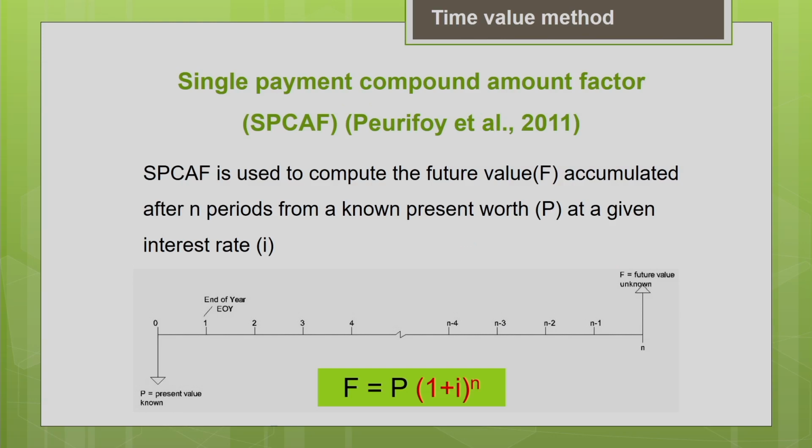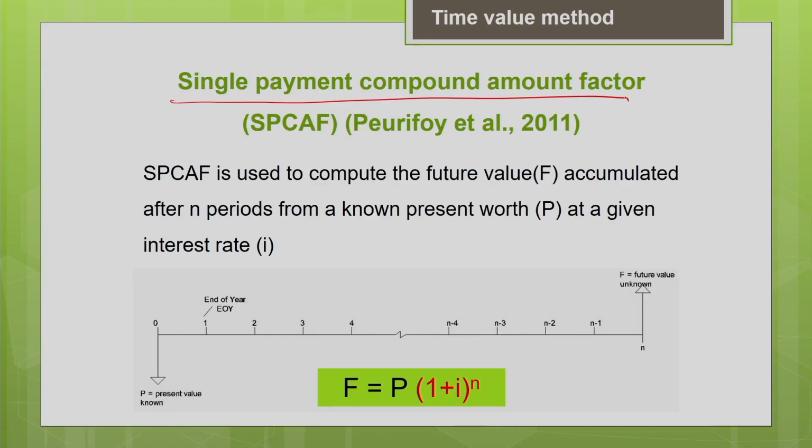Now let us move on to the first important compounding factor which we need to learn, that is the single payment compound amount factor. This factor is used to compute the future value accumulated after n periods from a known present worth at a given interest rate I. That means if we know the present value of an asset, we can find its future value.